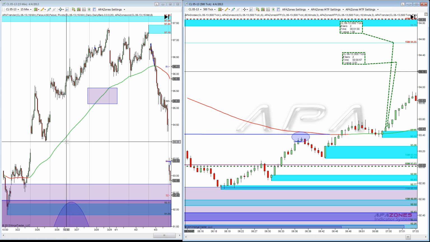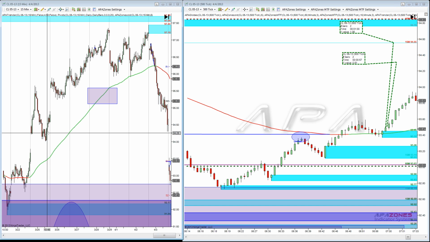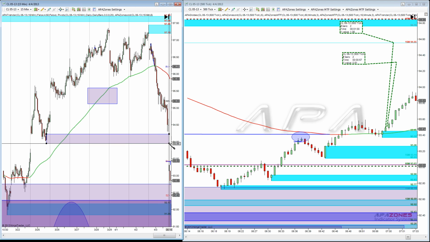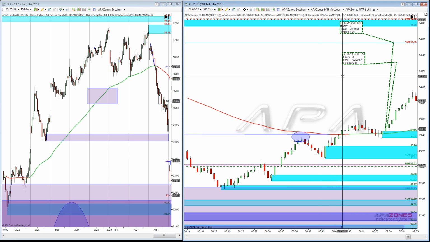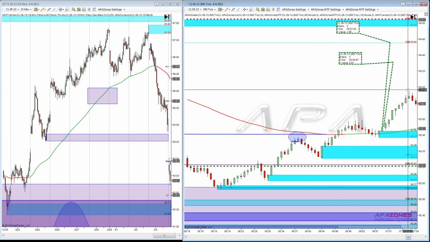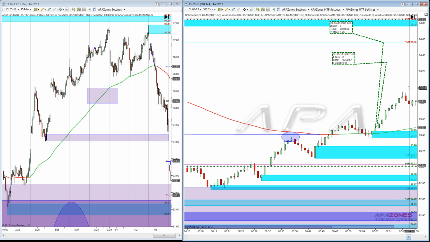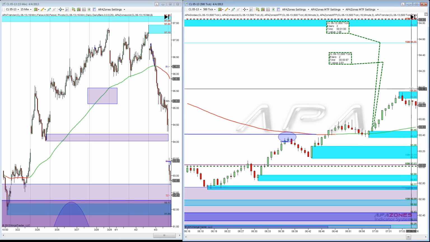We may have a previous zone that looks something like this over here at about 94 even, but we're still about 20 ticks away from that. So I just wouldn't take that right now, because the market can do anything.